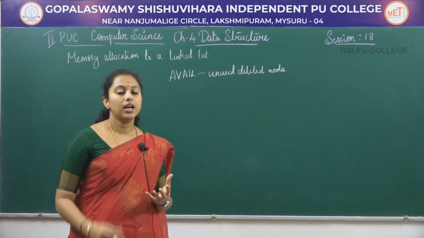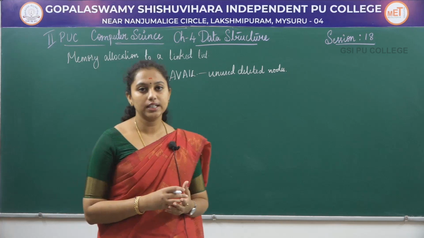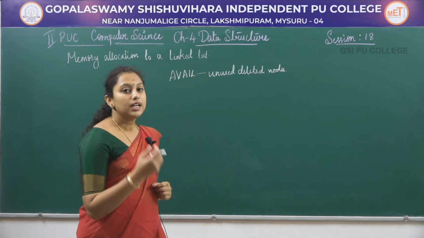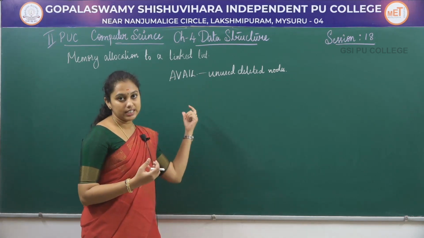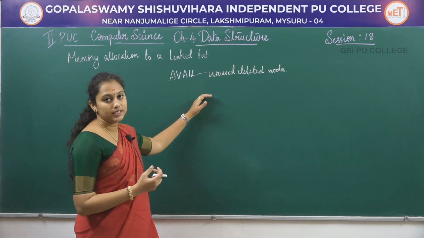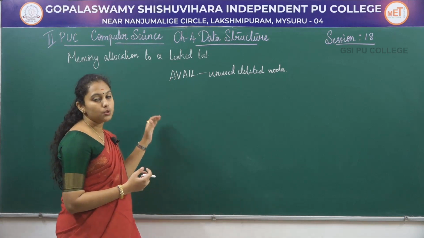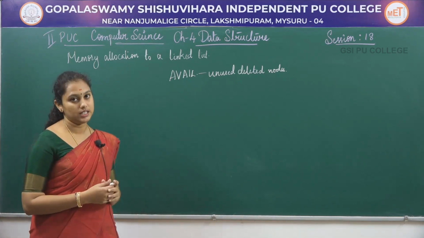Whenever we require a node to be inserted into the linked list, we are going to take that node from the avail list. So this is the usage of an avail list.